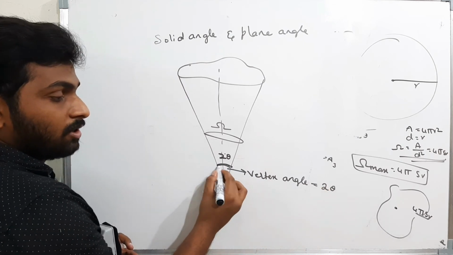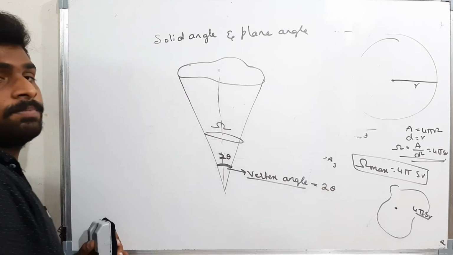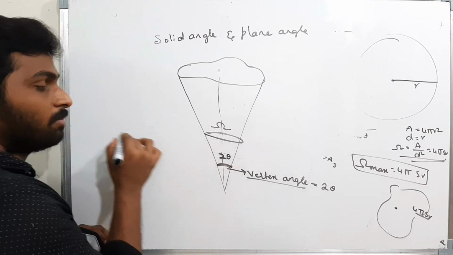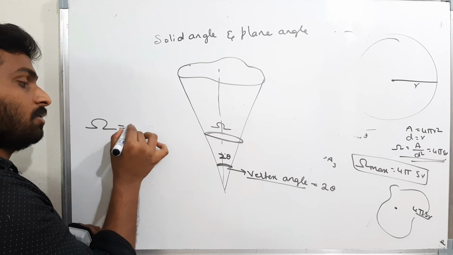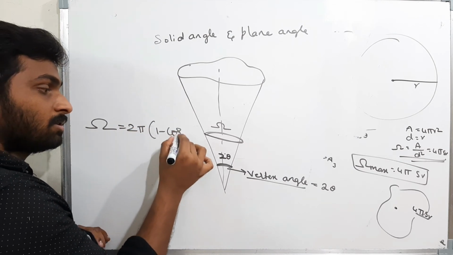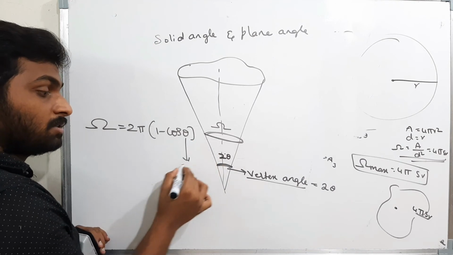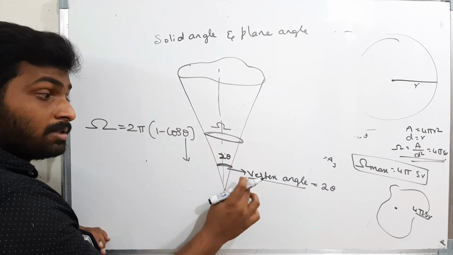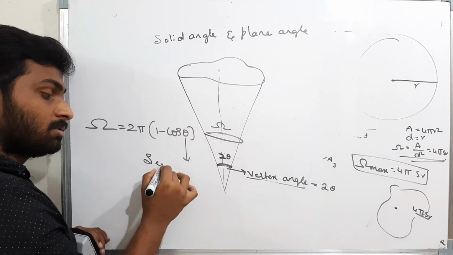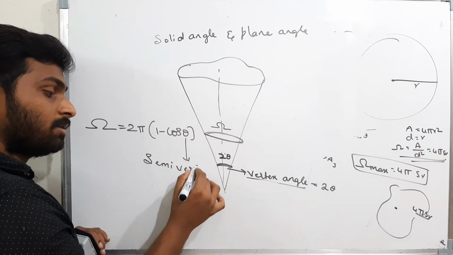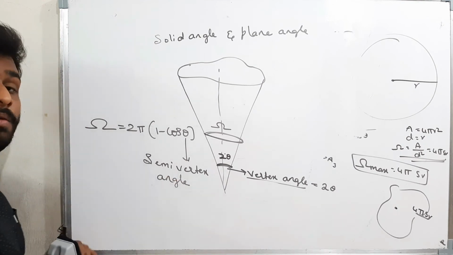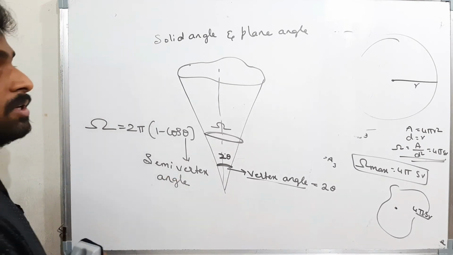The relation between this plane angle and this solid angle is given by: the solid angle is equal to 2 pi into 1 minus cos theta, where 2 theta is the vertex angle, and theta is half of it. That means it is the semi-vertex angle.